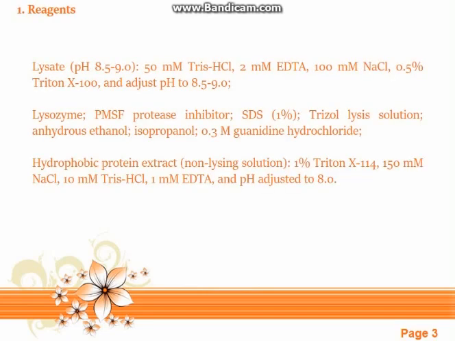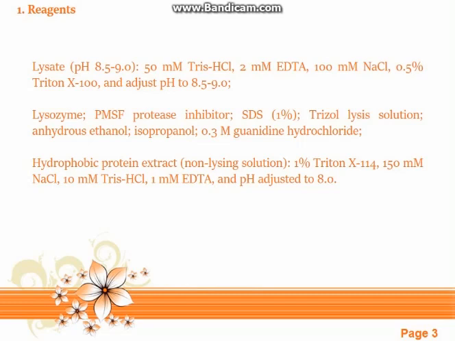1. Reagents. Lysate, pH 8.5-9.0: 50 mM Tris-HCl, 2 mM EDTA, 100 mM NaCl, 0.5% Triton X-100, and adjust pH to 8.5-9.0. Lysozyme. PMSF protease inhibitor. SDS 1%.